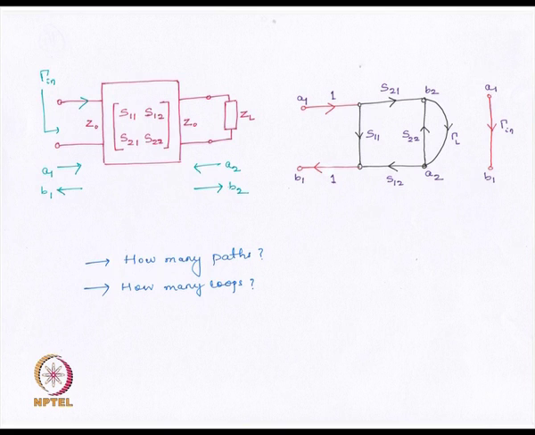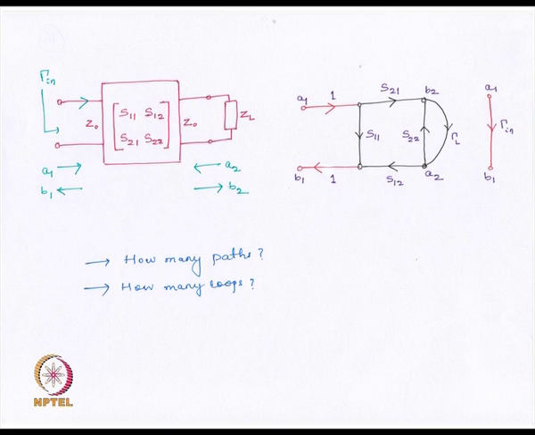Suppose we have a two-port network as shown here with S parameters as shown. Then its corresponding signal flow graph diagram, as we have already seen earlier, is given like this. From this signal flow graph, we first have to determine how many paths there are. Suppose we consider the gain between A1 and B1.